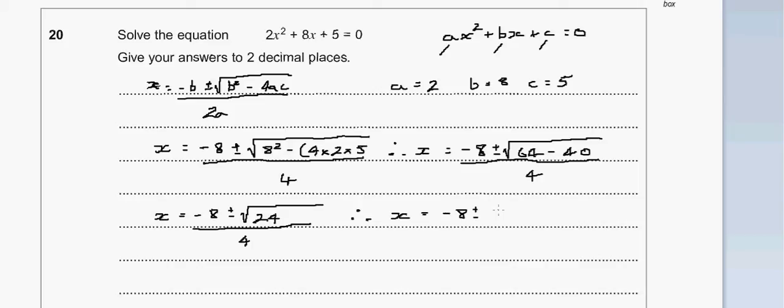Now the root of 24. Now what I would do is give this to 4 decimal places. So the root of 24 is 4.8989.